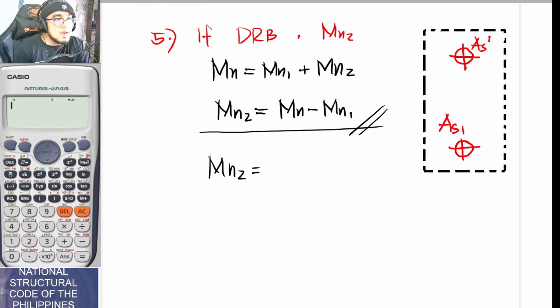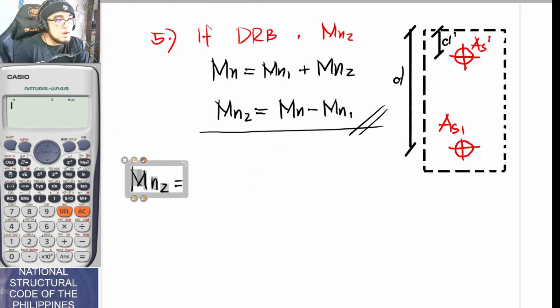If we would be getting the moment at this portion, let's say at AS1 here, and let's say that this is the value for your d, or the effective depth, and this is the value for your d prime, or the depth of the compression rebar. So d prime, and this is d.